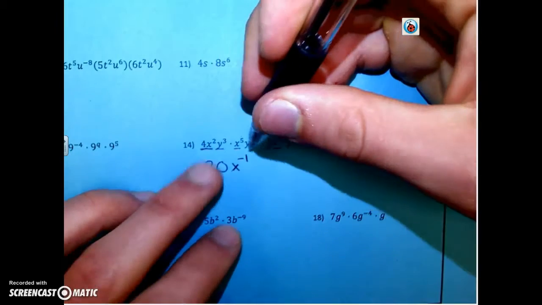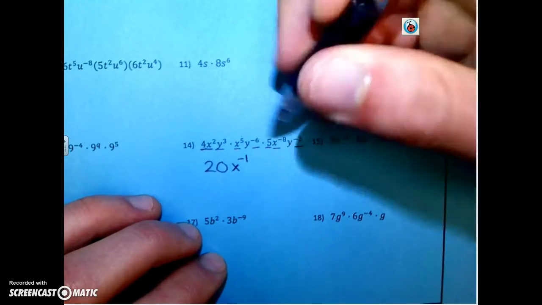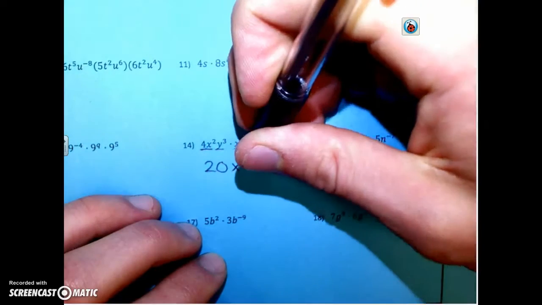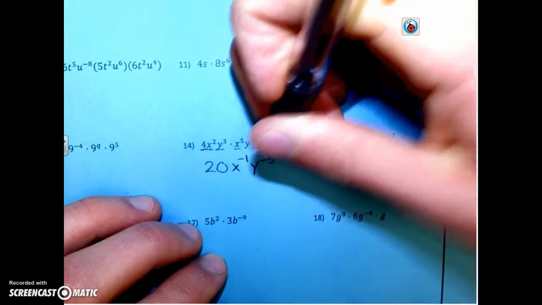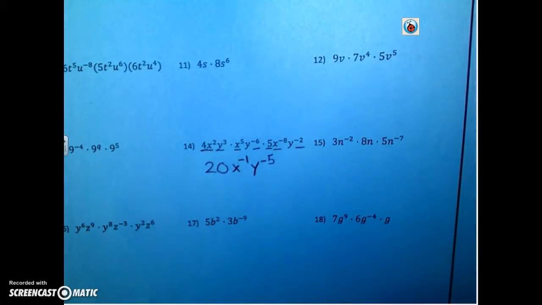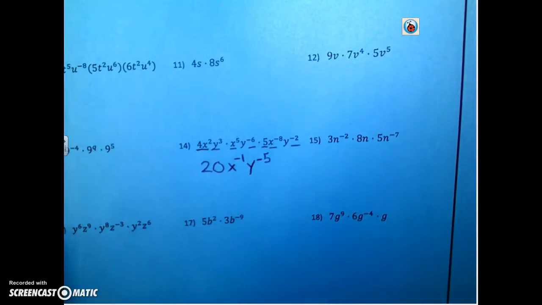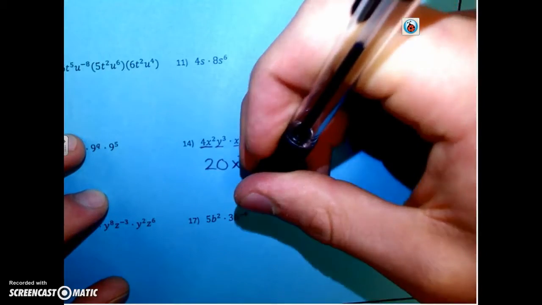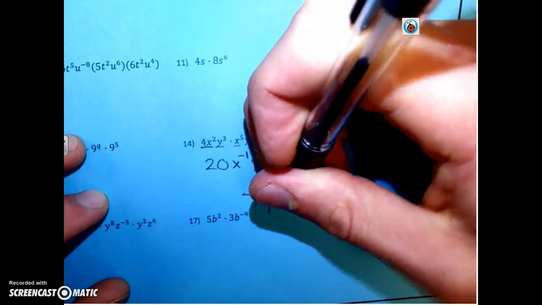When I add my y's up, it'll look like this. So we got 3 minus 6, that's a negative 3, minus another 3, that's a negative 6. So there's our answer after we multiply our numbers and add up our exponents. Now don't forget to handle and take care of these negative exponents. All right, so this answer will end up being 20 over x, y to the 5th.